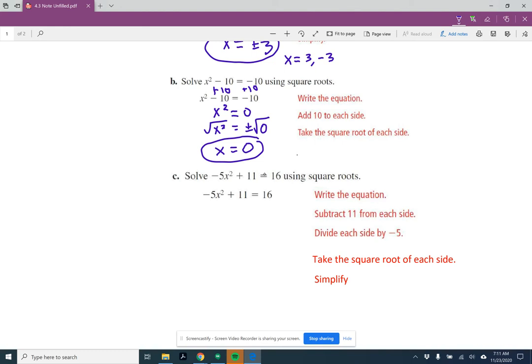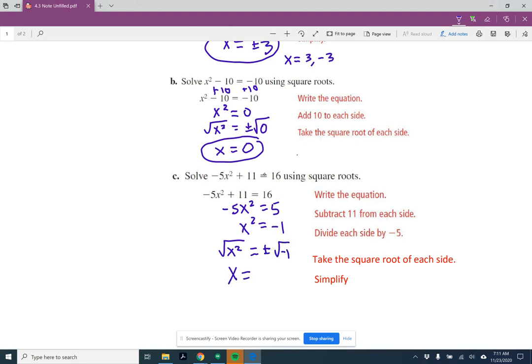All right, part C, solving using square roots again. So we're going to subtract 11 from both sides. 16 take away 11 is 5. We're going to divide both sides by -5 to get the x squared by itself. 5 divided by -5 is -1. We're going to take the square root of both sides, remembering to do a plus or minus square root of that right-hand side.